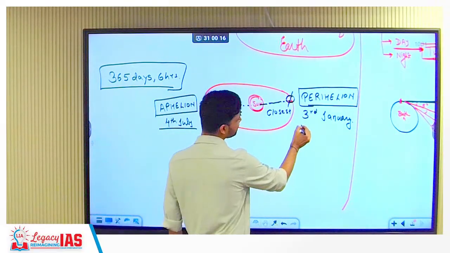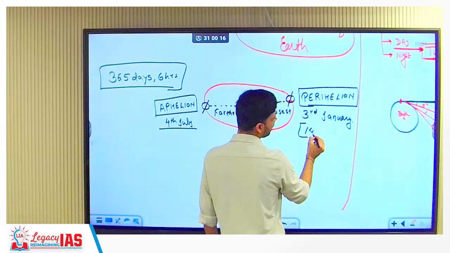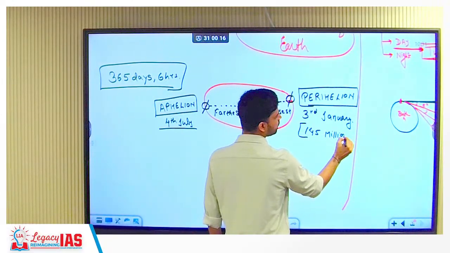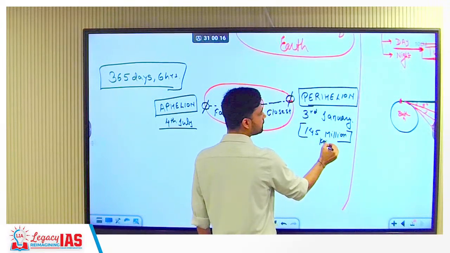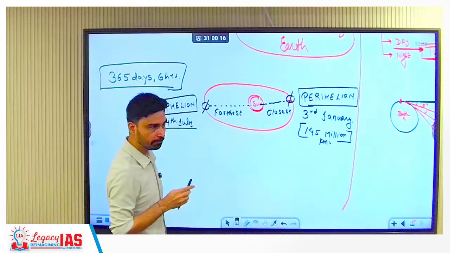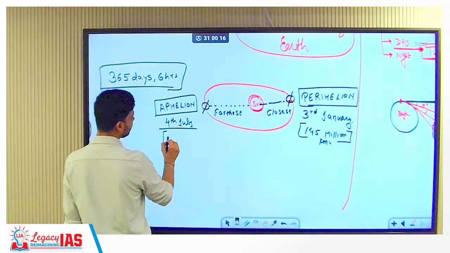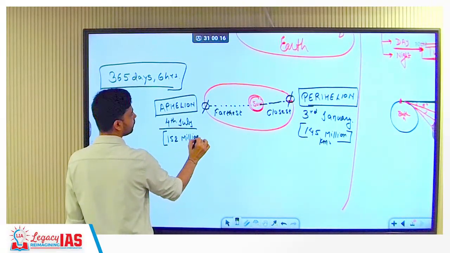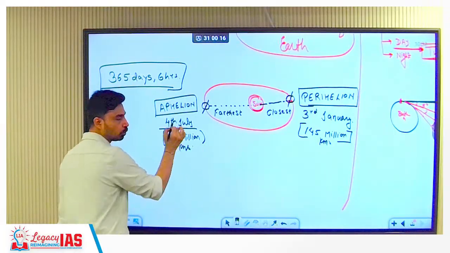If you have to write the distance, not that important, but to have a comparative understanding, at perihelion, what is the distance between Earth and Sun? Roughly 145 million kilometers. While at aphelion, it increases to how much? 152 million kilometers.